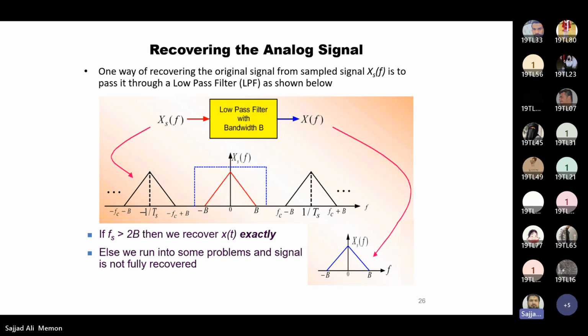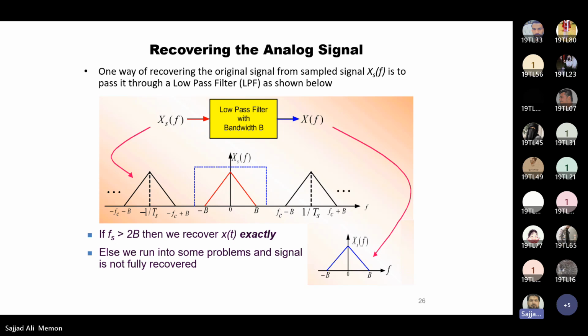If we do exact sampling, that is, the sampling frequency equal to twice the bandwidth, then at the receiving side we may have some aliasing effects. So to avoid any aliasing effect, we should use a sampling frequency way greater than twice the bandwidth.